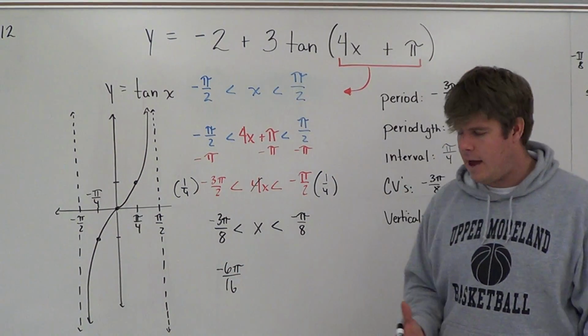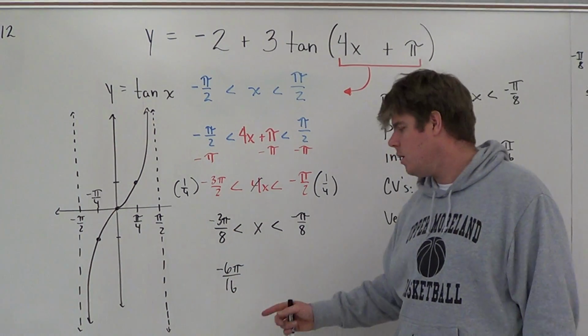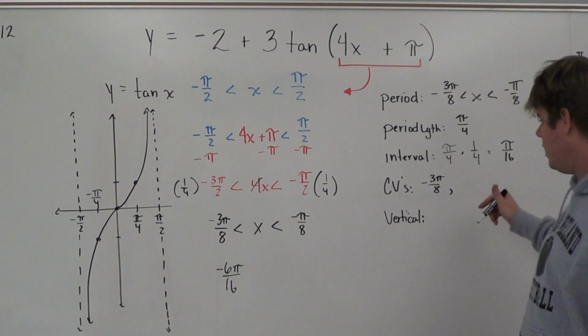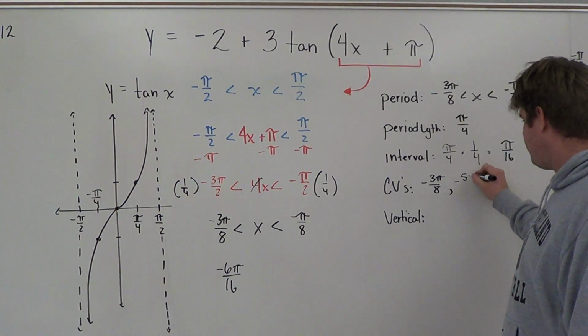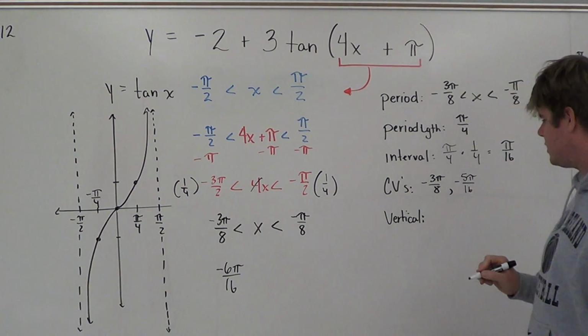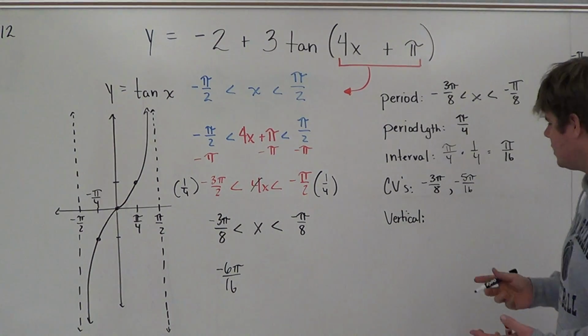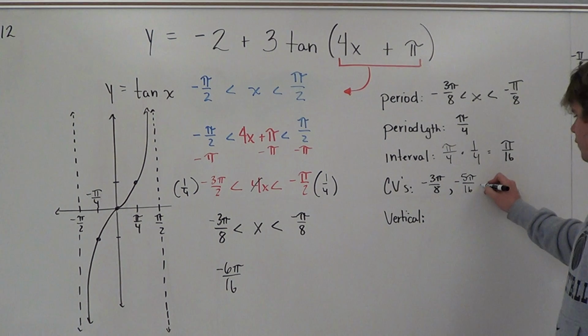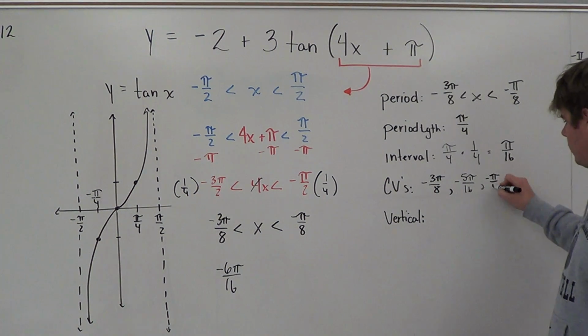I hope we all understand that. It's just conversions. So negative 6 pi over 16 plus pi over 16 is negative 5 pi over 16. Add another pi over 16. Well, that's negative 4 pi over 16, which is negative pi over 4.